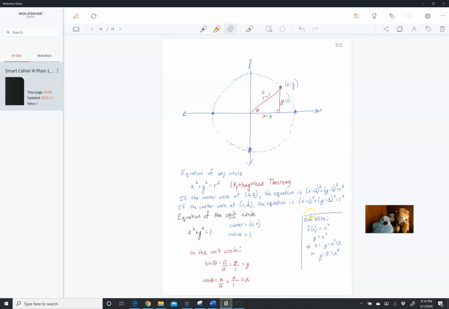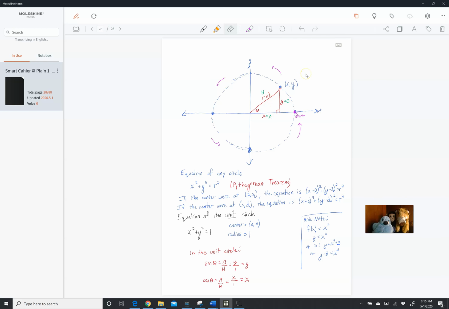When we travel around a circle, we travel counterclockwise, the opposite of a clock. So we travel around the circle like this. Counterclockwise. We start at this point right here. That's our starting point.